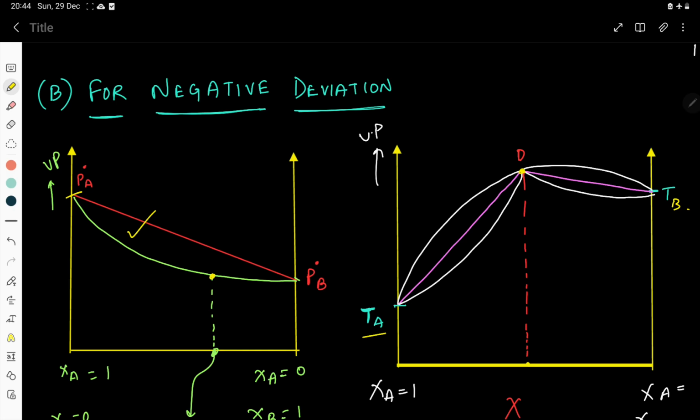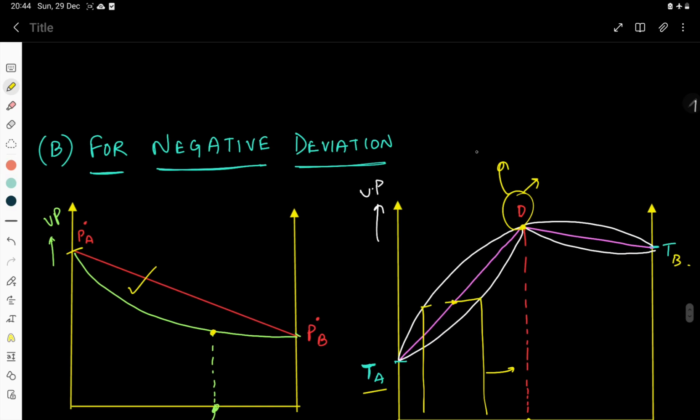Here also the same thing is going to happen. Let us take this point. So this thing will come gradually, this side will shift to D side, that means achieving an azeotropic concentration, and this azeotropic mixture will be known as maximum boiling azeotrope because its temperature is higher.